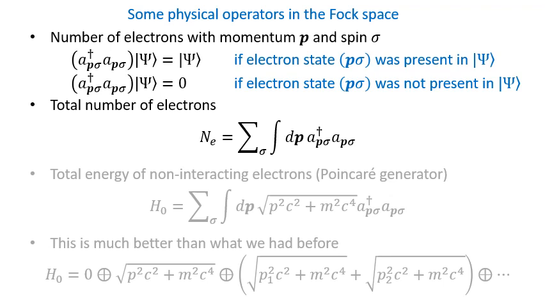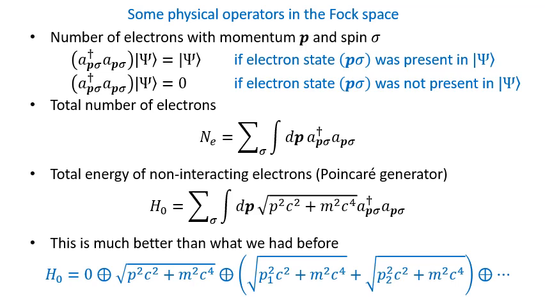We just integrate the p sigma number operators over all momenta and sum them over two spin projections. Then, by inserting in the integral the one electron energy, we obtain the electron part of the total energy operator for non-interacting electrons. This new expression is valid in all sectors of the Fock space.